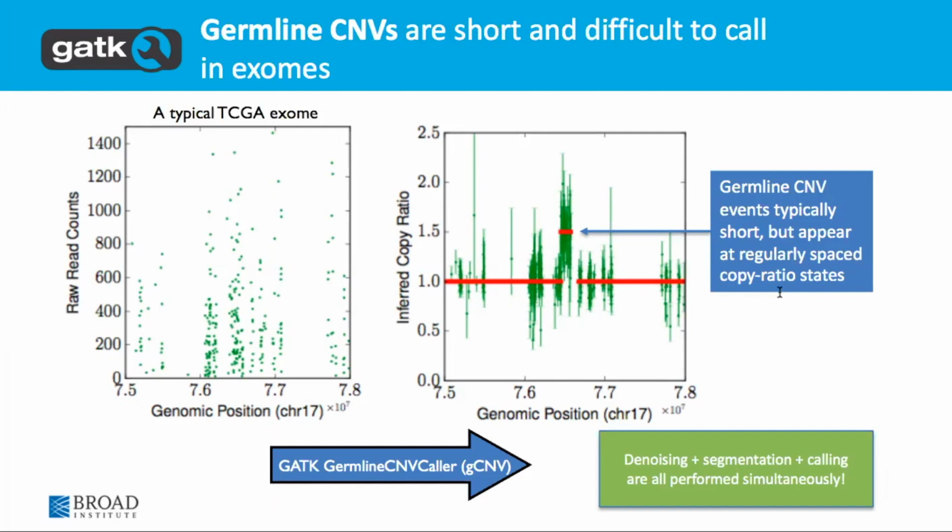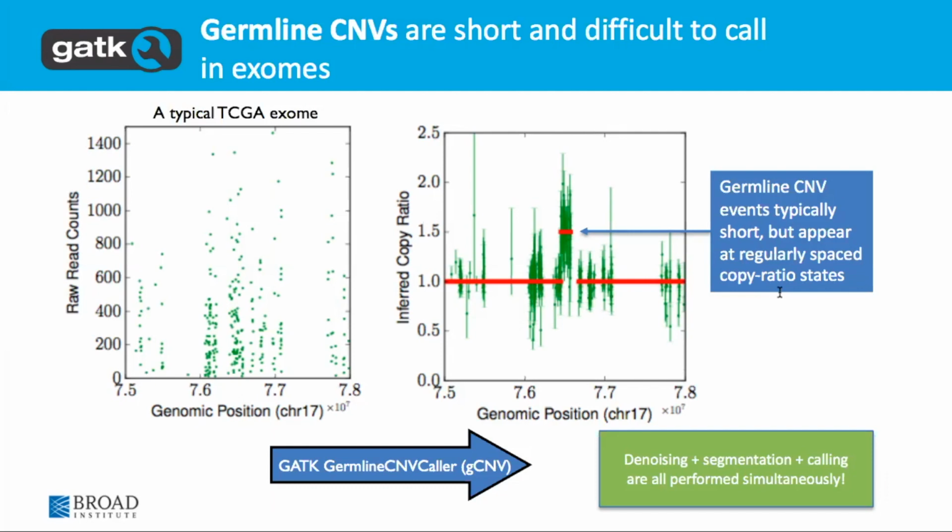As I mentioned, calling in germline samples is a different flavor because the size of the variants is much smaller. Before, in a somatic pipeline, the denoising and the calling are two different steps because we don't need so much sensitivity, since the variants are so large.